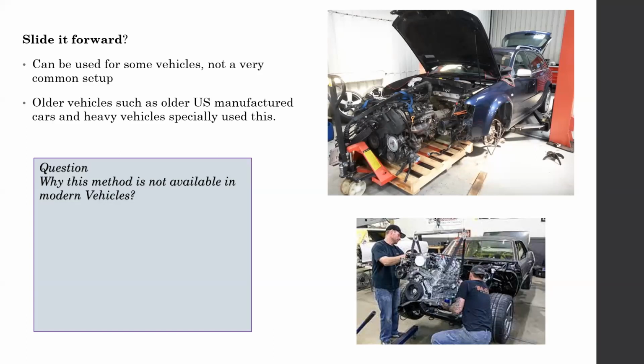But in the modern vehicles, like 90% of the modern vehicles, you can't actually do it unless you do some damage to the other components, unless you cut away some components. So why do you think it's not available in modern vehicles? Any answers?